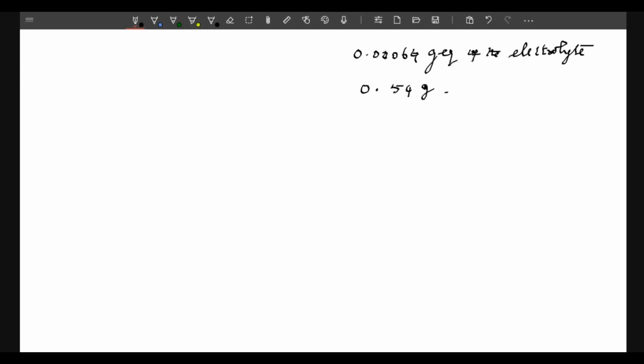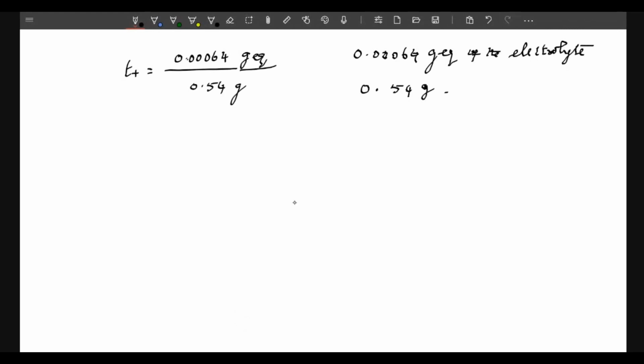Here, from the given data, you can calculate the T plus, because the anodic concentration decrease is given. Therefore, T plus is given directly: so many gram equivalent has been decreased. That is very essential. But the weight of silver deposited is 0.54 gram.